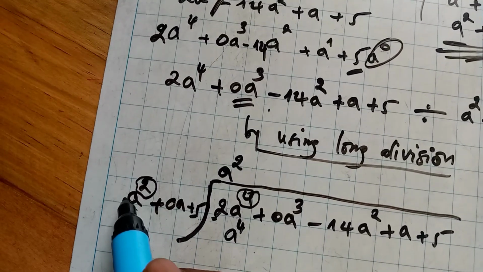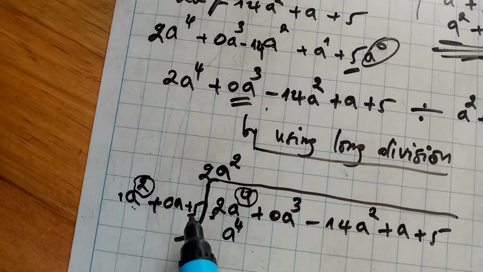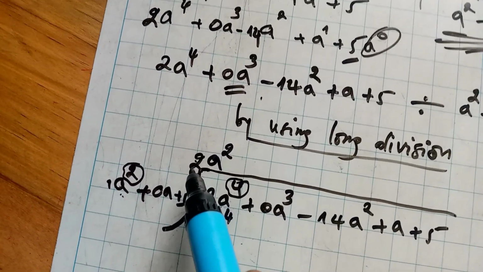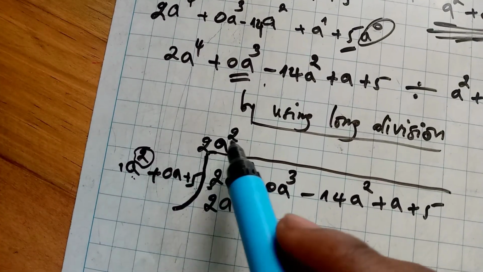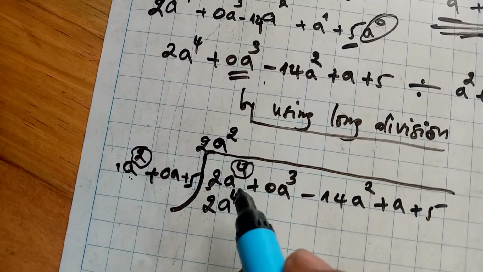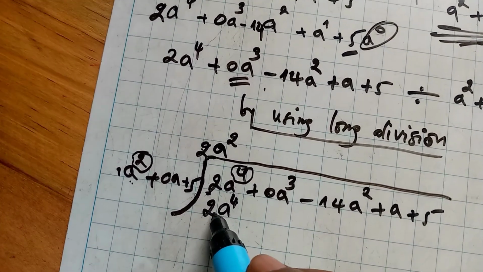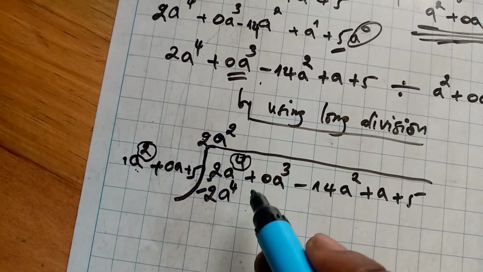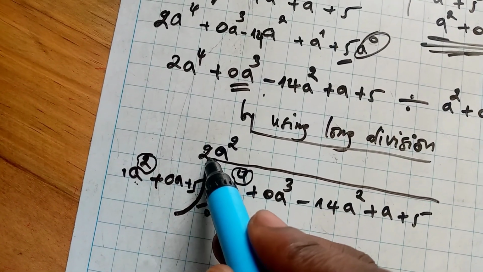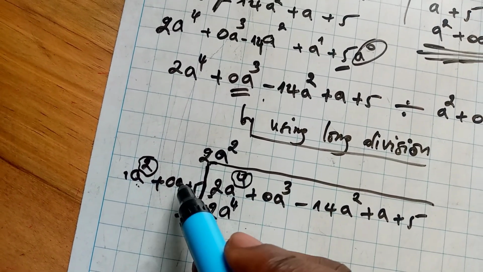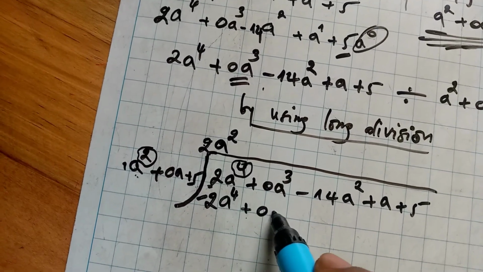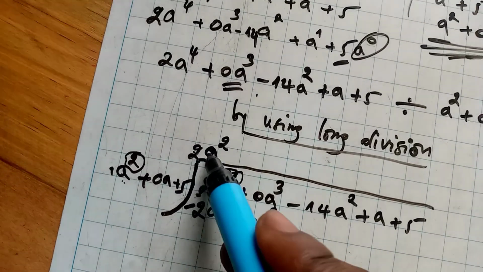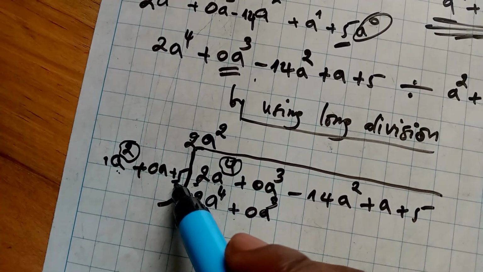Since we have this 2 and we have 1 here, we have to have 2 also here, because 2 times 1 will be 2. So we have 2a^2 to multiply a^2, then will be this one. Since it is positive, we have to change the sign to negative. So we have 2a^2 times 0, which is 0a^3, right? Then you have 2a^2 times plus 5.